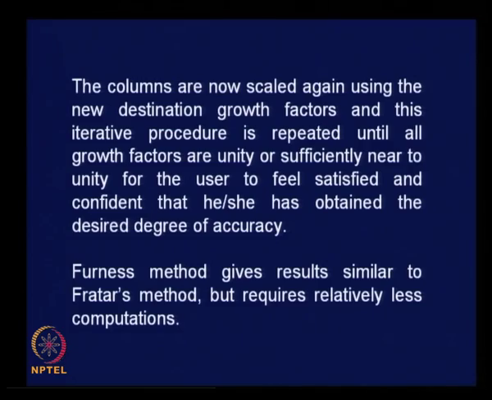Some planners make use of Fratter's method even today because Fratter's method goes into detail about the present trip interchanges and predicted trip interchanges also. The formula takes care of those variations, whereas the Furness method relies mainly on scaling up the cell values based on the growth factors. It is not relying much on the trip interchange values for every iteration. Okay.